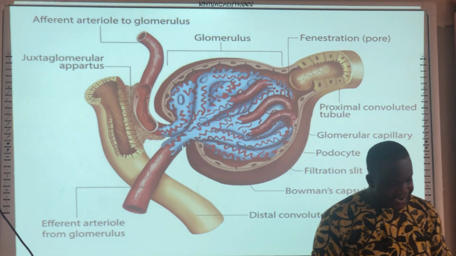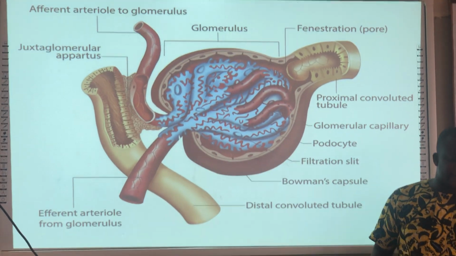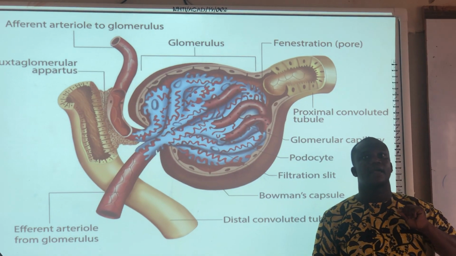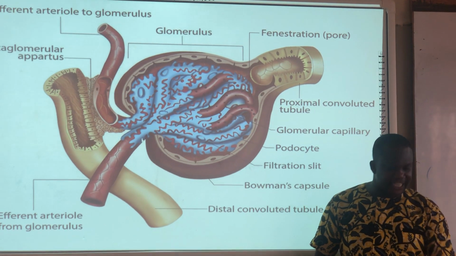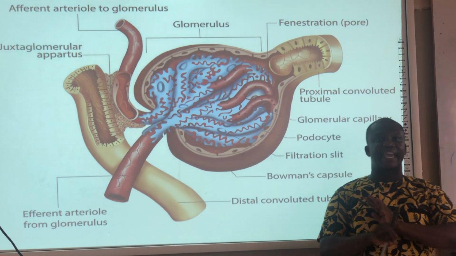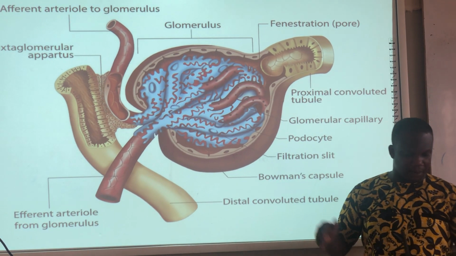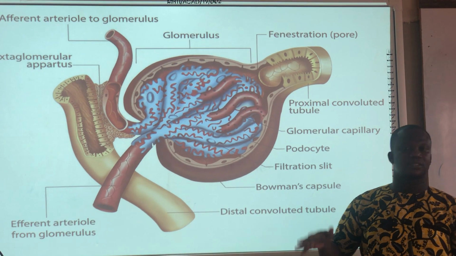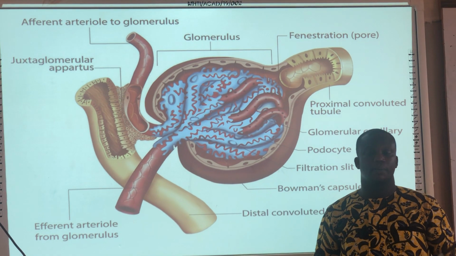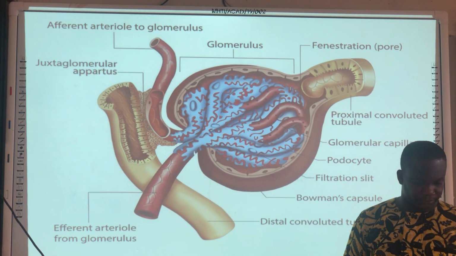But in a nutshell, whenever there is an increase in your blood volume, this process is inhibited so that more urine can be brought out to decrease your blood volume.